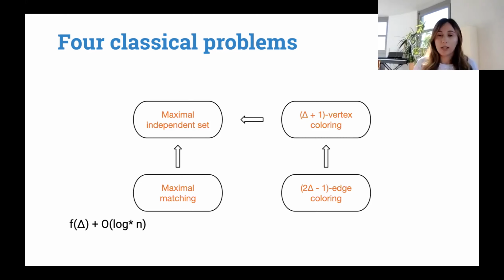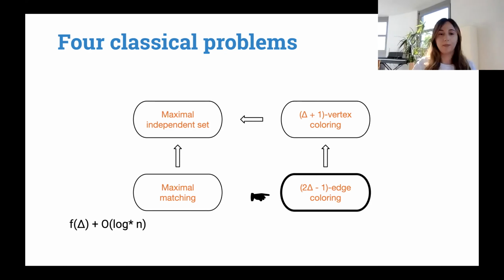The question is, if we want to be optimal as a function of n, what is the right complexity as a function of delta, where delta is the maximum degree of the graph? In this work, we have studied the locality of the 2delta-1 edge coloring problem, and we show a deterministic algorithm for solving this problem in the classical LOCAL model of distributed computing.